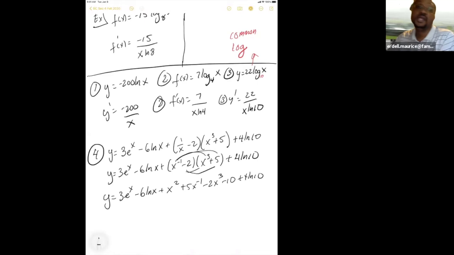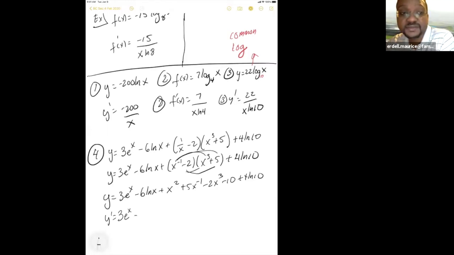Now I am ready to take the derivative, as they say in the business, a derivative. So y prime: the derivative of 3e to the x is the same.